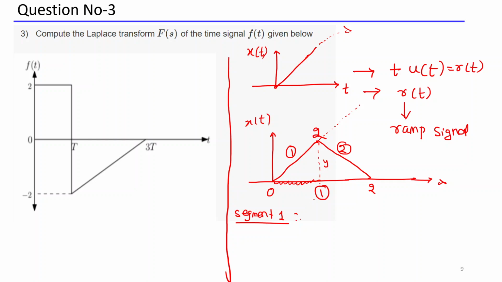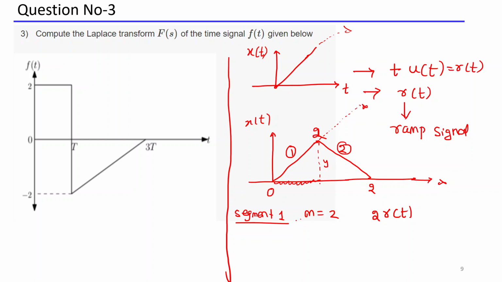If you follow this way, you can write the equation of this in one line. First of all, for segment 1, you know that the slope m equals 2. So just write the equation of the line. The equation of the line is nothing but the slope into r of t, because r of t is t u of t, which goes from 0 to infinity.